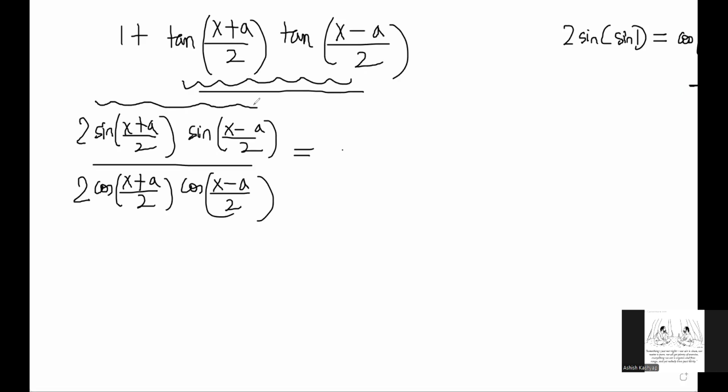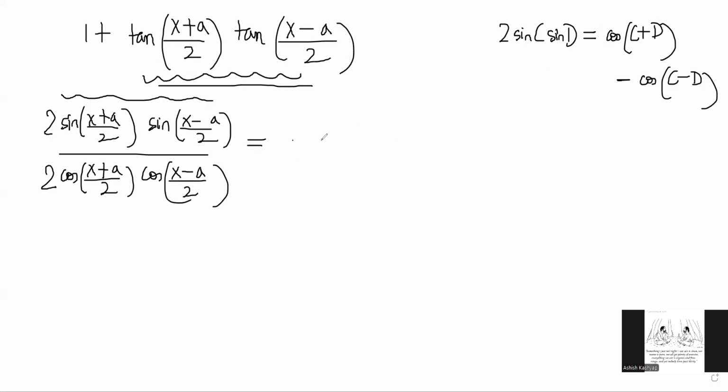Here you have this, so you can write it as, basically, cos of the sum of the angles, which is actually x, right? Yes. Minus cos of the difference of the angles, which is a, divided by, now it is cos, so that will be cos plus cos, right?